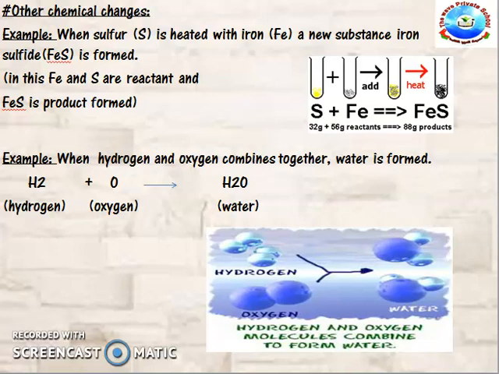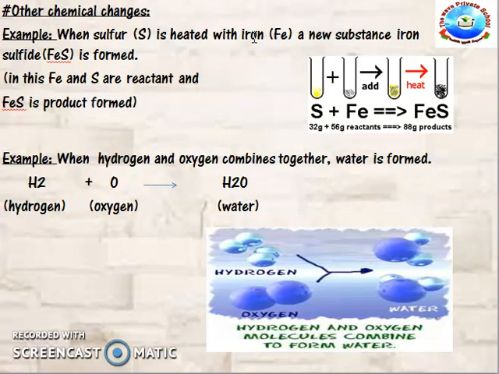Next we are going to see other chemical changes. Now see students, when sulfur is heated with iron. You are familiar with sulfur and iron? We have done in our previous topic atoms, molecules, compounds: sulfur, iron, copper, magnesium, oxygen, hydrogen, nitrogen.